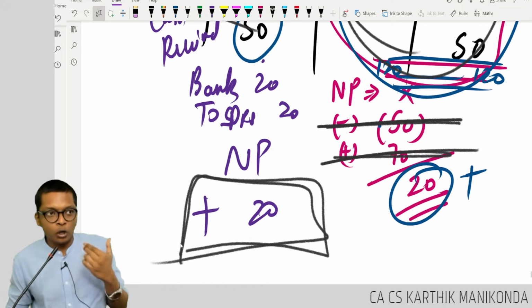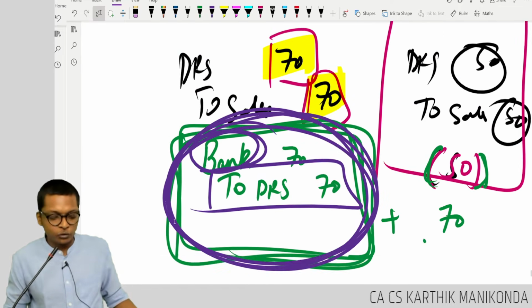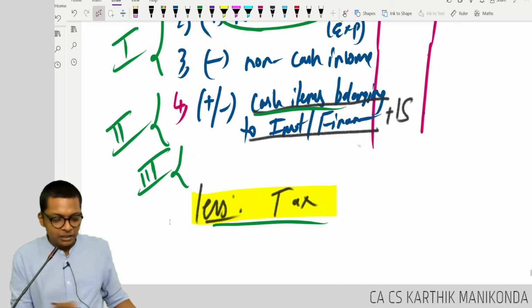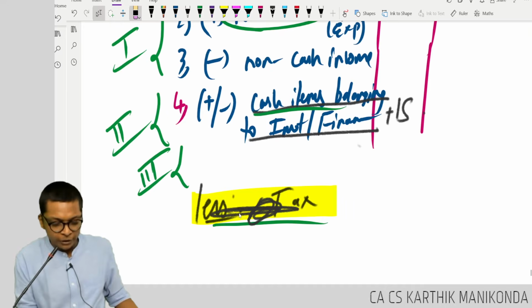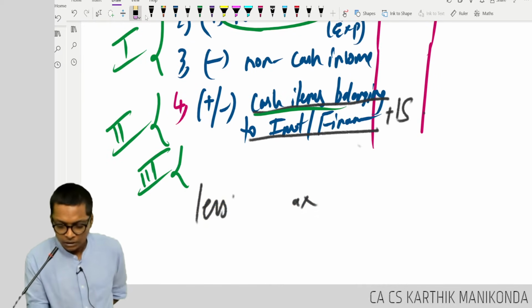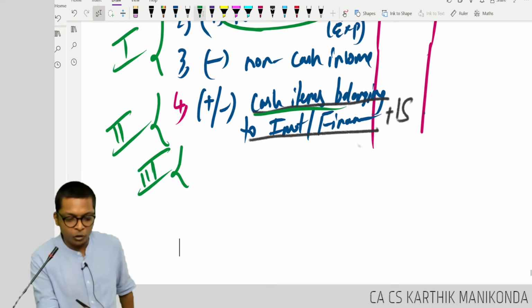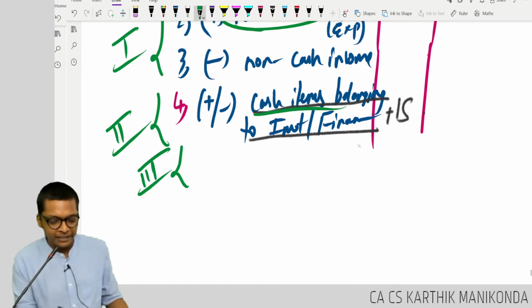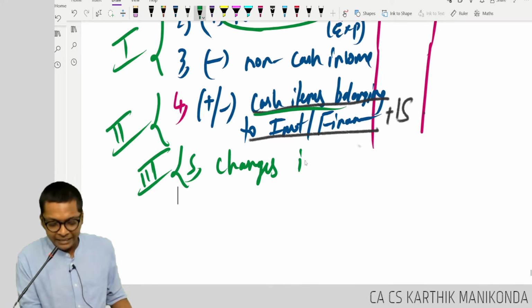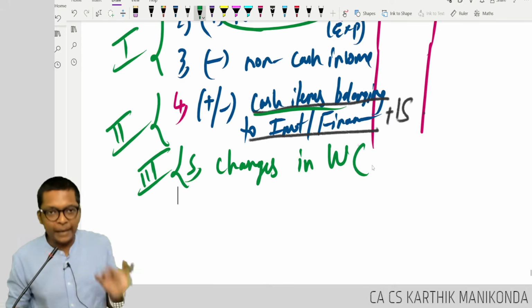Now for those who already studied cash flow statement, now we are going to fill that gap. You will get clarity. The third adjustment is going to be tax. Tax is again a big one. I'll come to that. The third adjustment is going to be, follow carefully, guys, let me write 5 just for the order. Changes in working capital.